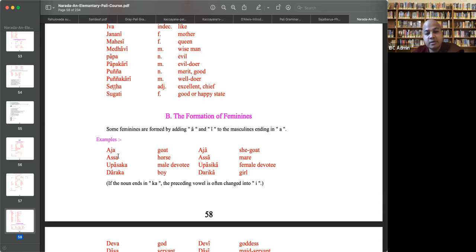If you change the short a into a long a, then it refers to mare. So asa becomes asa, long a. Upasaka is male devotee, and upasika is female devotee.